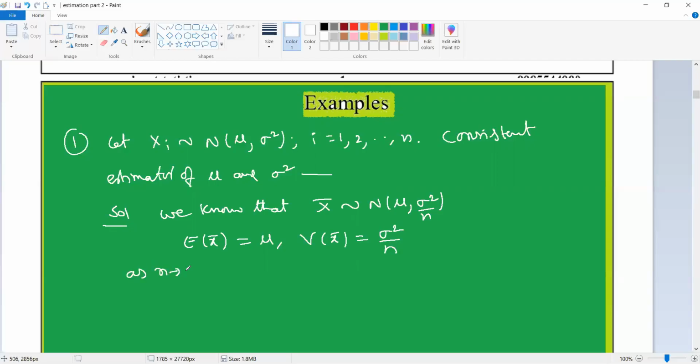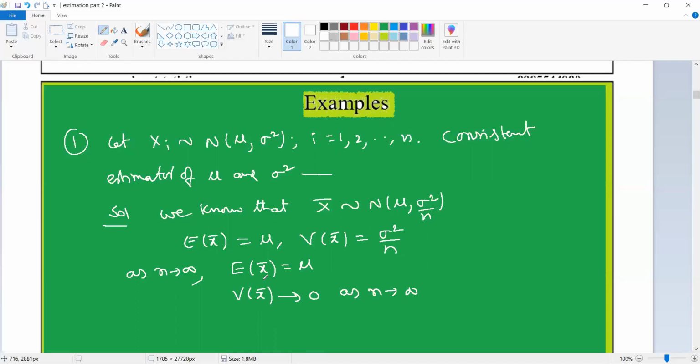By applying the sufficient condition for consistency, already explained, as n tends to infinity, expectation of X bar is equal to mu and variance of X bar is sigma square by n, so variance of X bar tends to 0 as n tends to infinity.